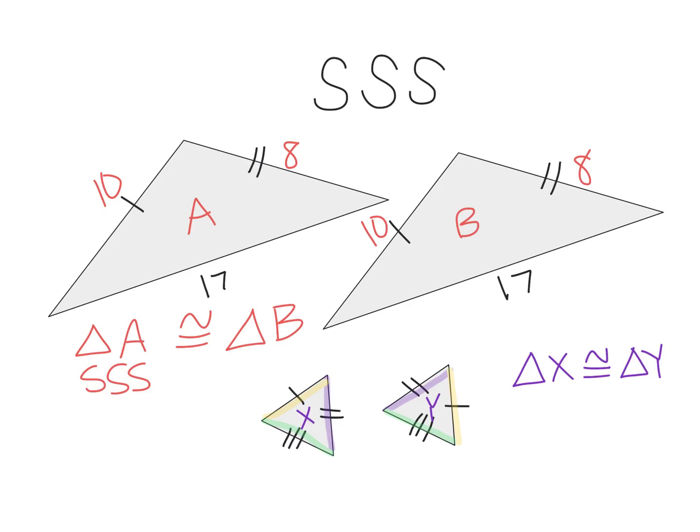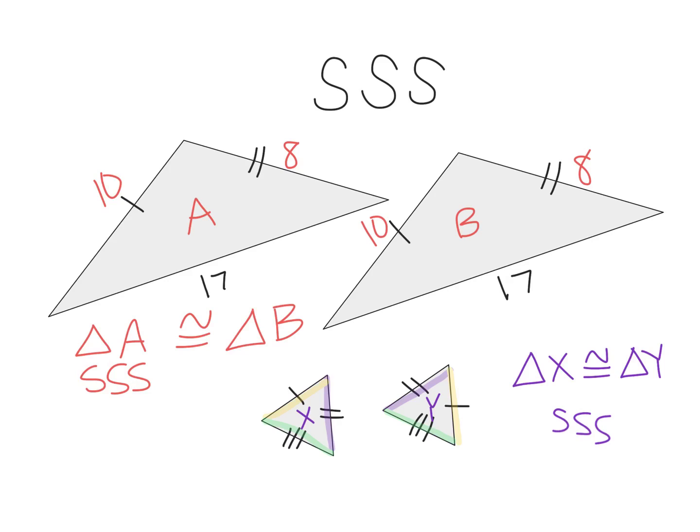So if you look at the triangles, they have different orientations. You could say that triangle Y was reflected and then rotated a little bit. That's okay. That still gives me congruent triangles. So triangle X is congruent to triangle Y by the side, side, side postulate.